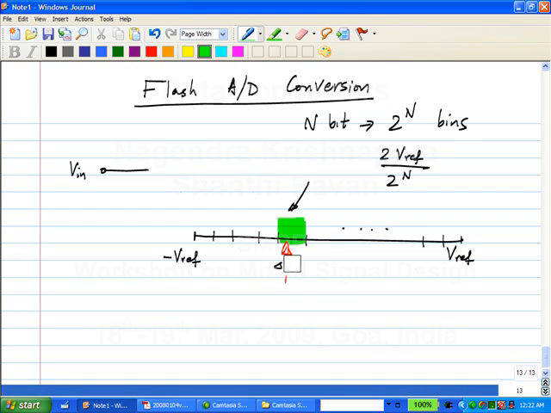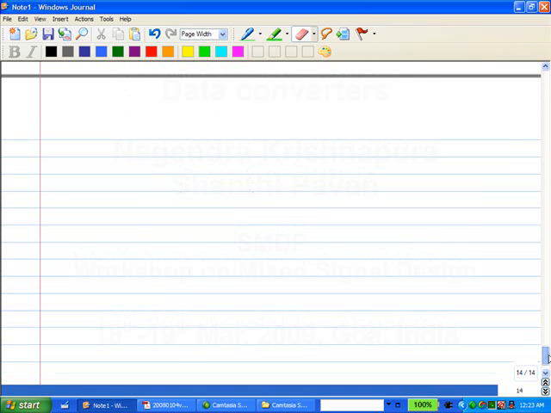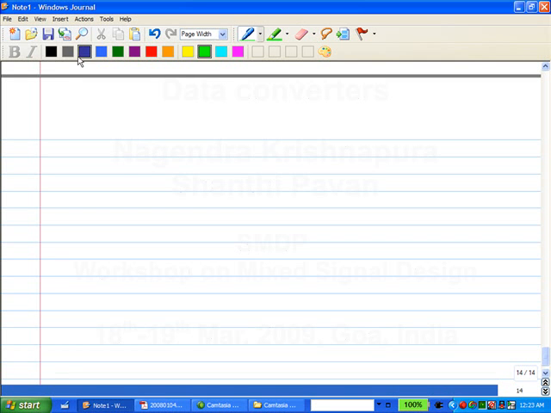So, in other words, the basic idea, therefore, is to classify the input into various bins, and a straightforward way of doing this seems to be, this is something which would come to our mind right away, which is, this is the input. I will compare this input.